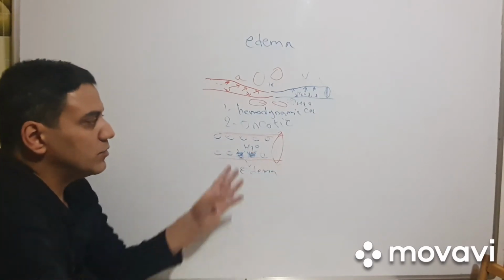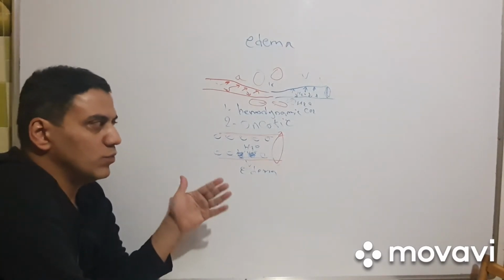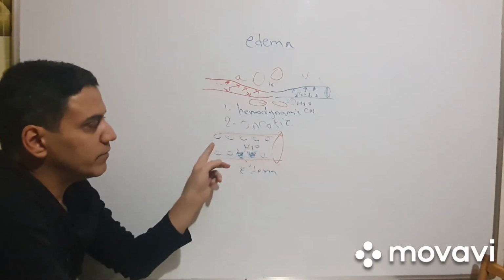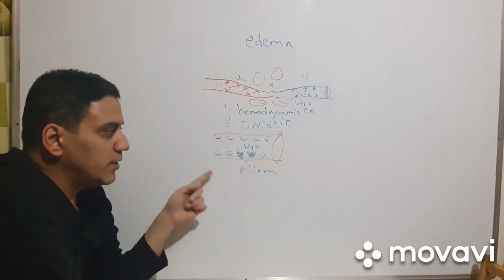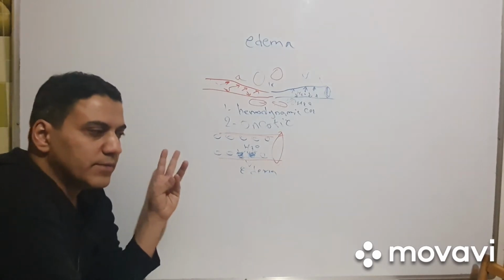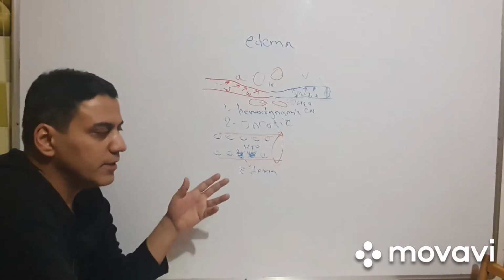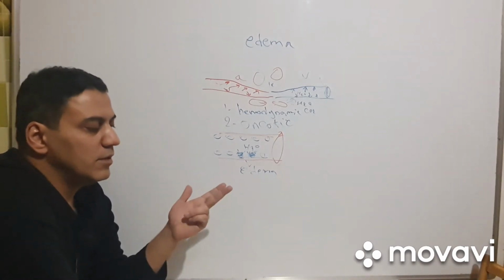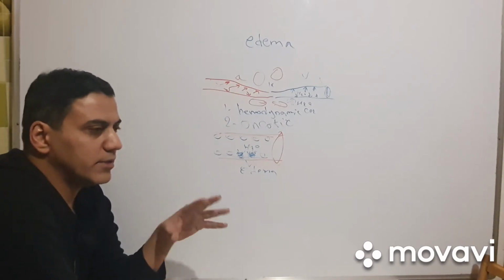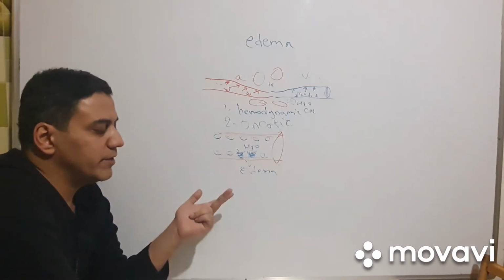In which cases could it be? Anything which leads to hypoproteinemia, decreasing the amount of protein in blood, will lead to the oncotic factor of edema. For example, starvation, no food intake, mainly no protein intake, so low protein. For example, liver diseases, because in the liver we have the main production of protein, so there will be less protein in liver disease.